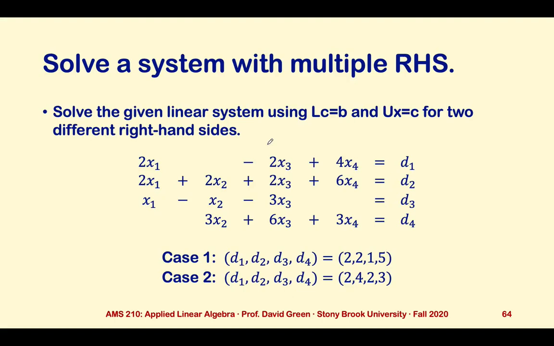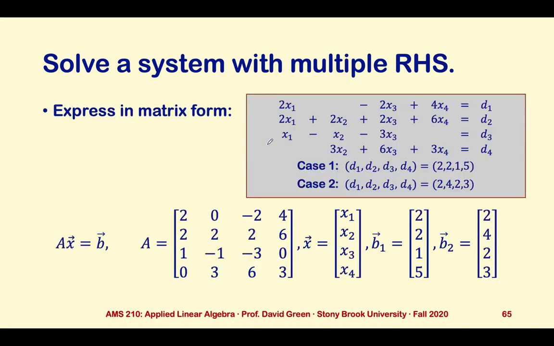Okay. The first step in any problem like this is to express everything into matrix form where we can work more simply. So we encode this linear system as AX equals B, where A is our coefficient matrix, which is defined simply by walking down each column: 2, 2, 1, making sure that we put zeros in the case where we're missing variables.